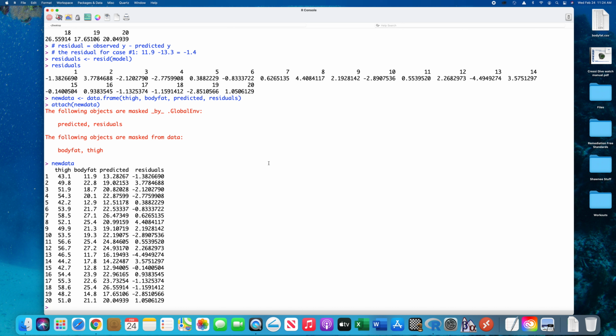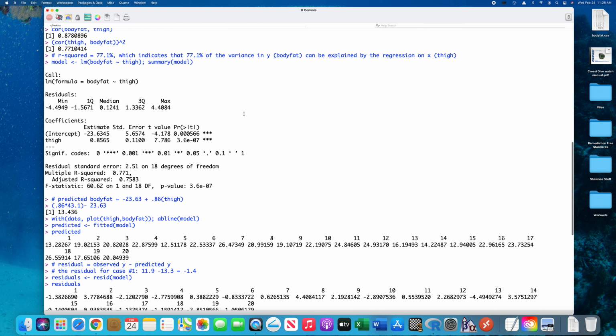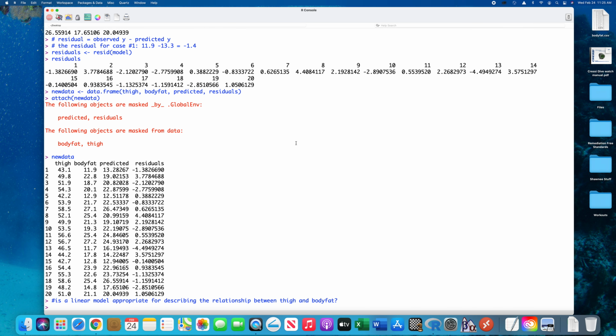Now, the next thing I'd want to do is address, is a linear model appropriate for describing the relationship between thigh and body fat. So, above we made a subjective determination just by eyeballing the scatter plot, that it appeared that a linear model is appropriate.